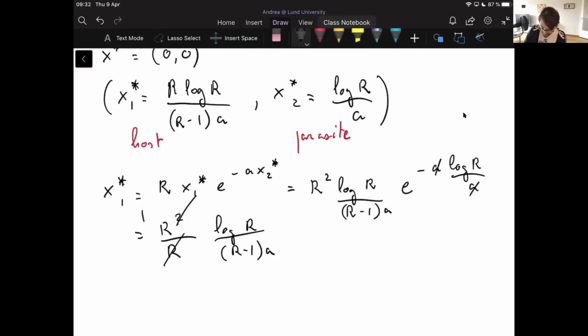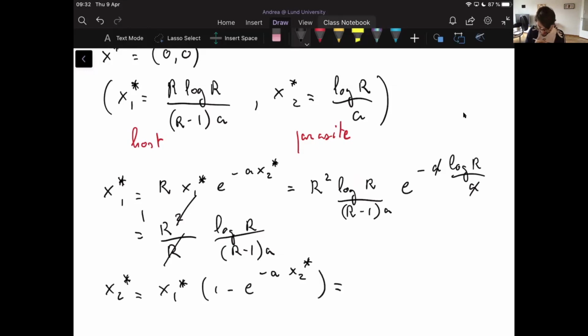Okay, so this is x1. I verified that x1 is a fixed point if I account for that x2 star. Let's do it for x2. So x2 is simply x1 at the fixed point, of course, 1 minus e to the power of minus a x2 star.